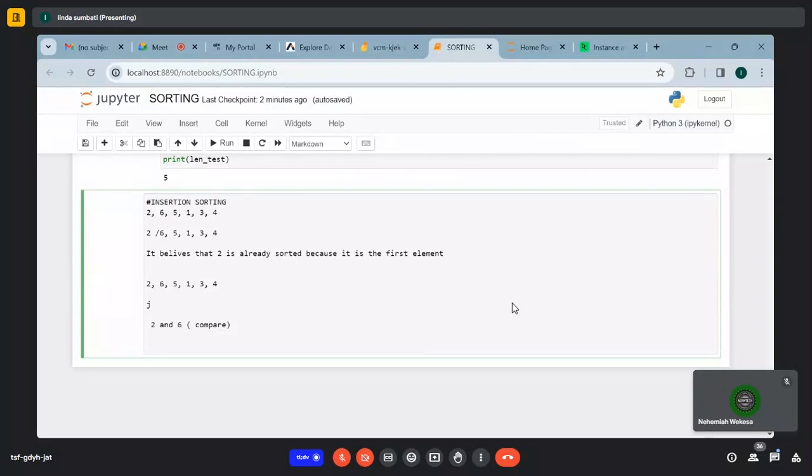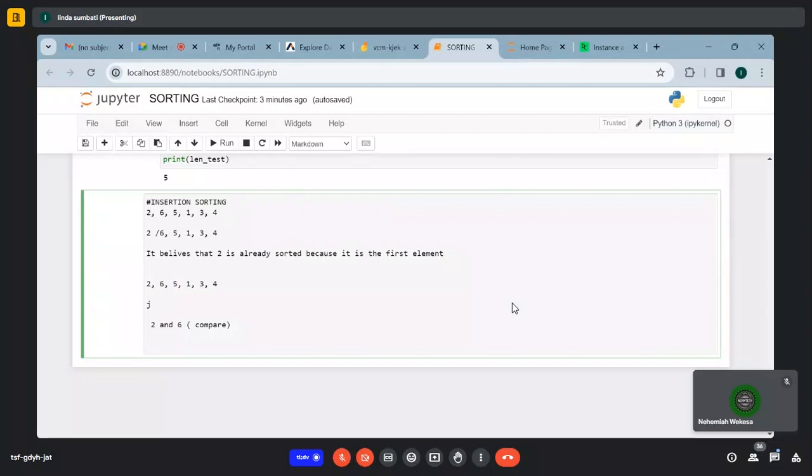But you see, it believes that it's already sorted, so now it won't do anything to it. Then it will just move to the second element. Then it compares it to the previous one. So it won't do anything to these two. I don't know if you get it.